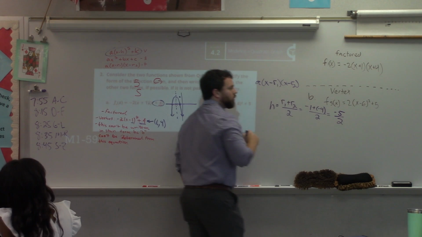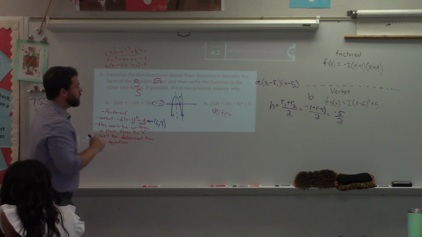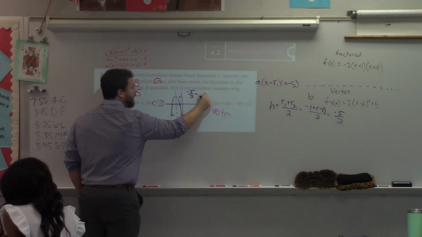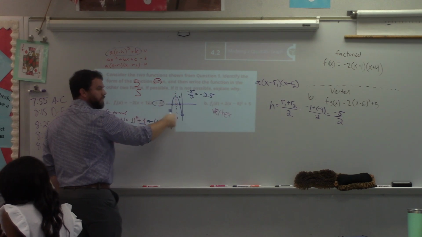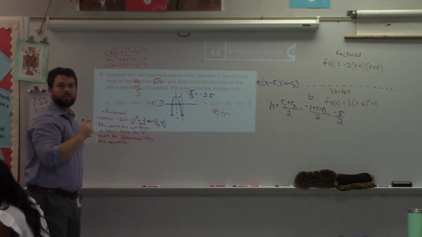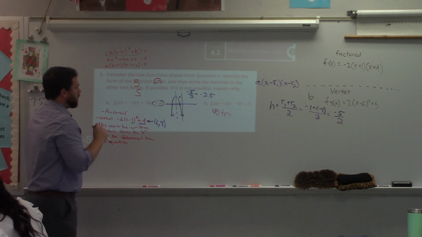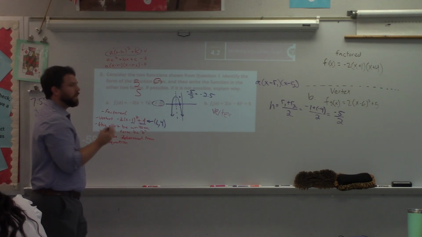And so what do I actually get from that? Be careful with our work, right? H is actually -5 divided by 2. And I can see that, because if I take -5 and divide it by 2, I get -2.5. Between -1 and -2, -2.5, right there in the middle. And so from there, how am I going to find K?